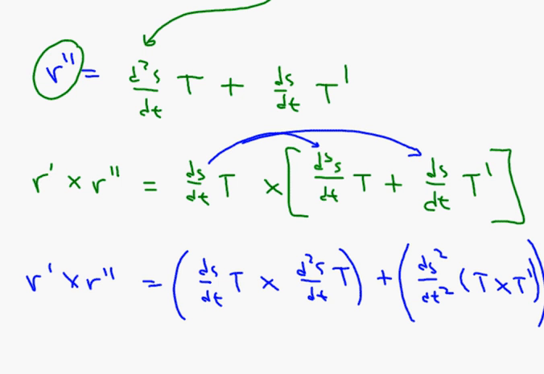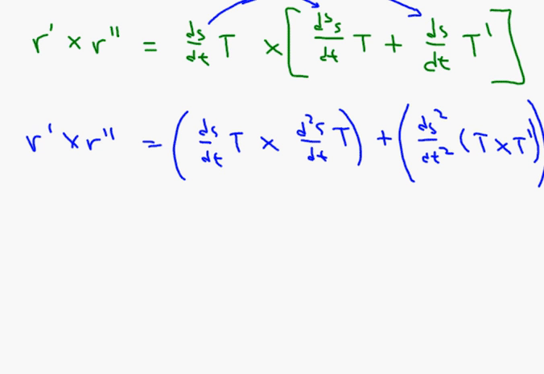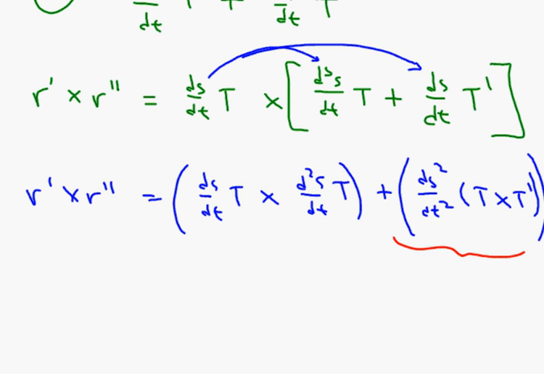So I could see maybe you might be a little unsure as to what happened here. That expression came from ds/dt T cross ds/dt T prime. You can think of the ds/dt as almost like a common factor, but it's not really quite that. There's a rule that tells you how you multiply that. If it had been a common factor, it would have just come out as ds/dt, and it didn't.